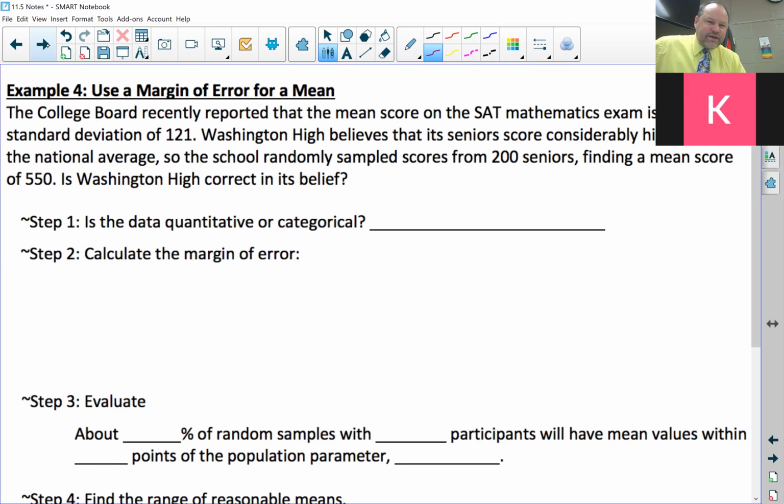Is Washington High correct in its belief? So here we're going to do a quick poll again. Maybe.